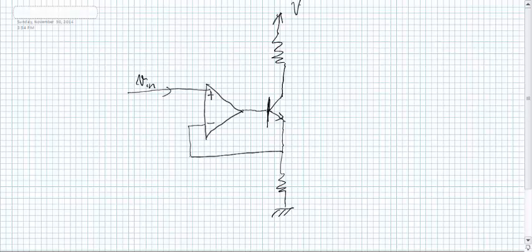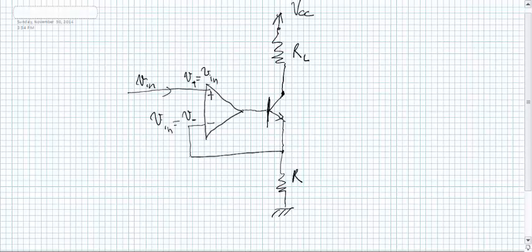Let's call this VCC. All right, this is our load. So it attaches here and here. And this is R. Now since we're using negative feedback, that means V minus equals V plus, which is V in.